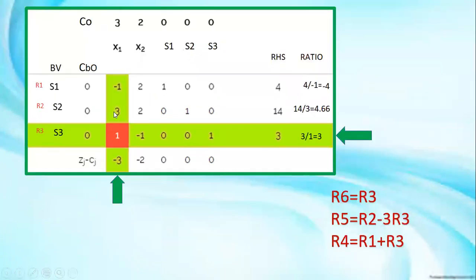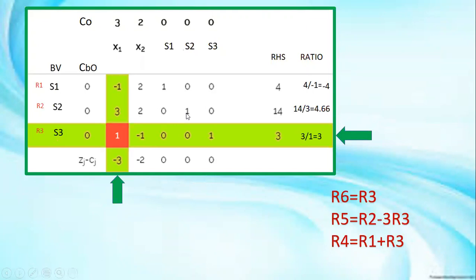Similarly, the second, that is the fifth row, will be equal to R2 minus 3 into R3. So then R2 value is 3, minus 3 into 1 is 3 minus 3 is 0. 2 minus of minus plus 3, then this value will become 5. 0, 0 only.